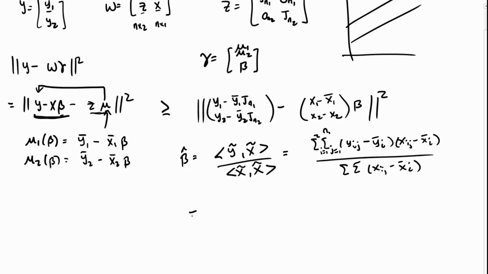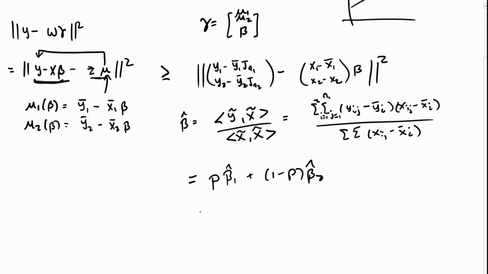So we can write this out, and I think this is probably the nicest way to write it out, as p times beta 1 hat plus 1 minus p times beta 2 hat, where beta 1 hat is the regression estimate for only group 1. If you only had the x1 and y1 data, the centered x1 data and the centered y1 data, and beta 2 hat is the regression estimate if you only had the centered y2 data and the centered x2 data.